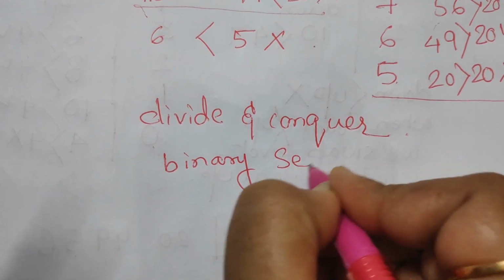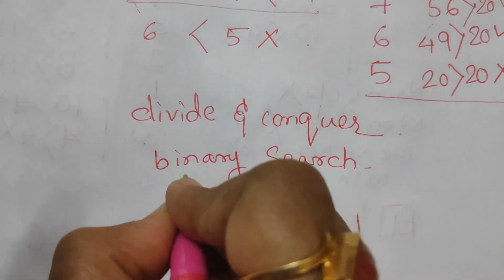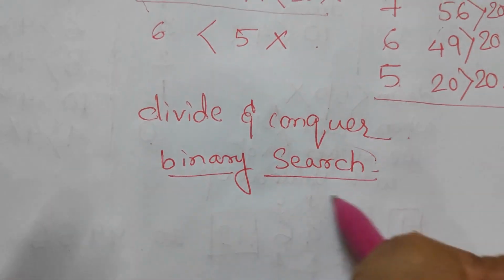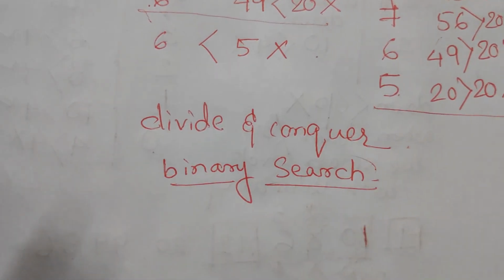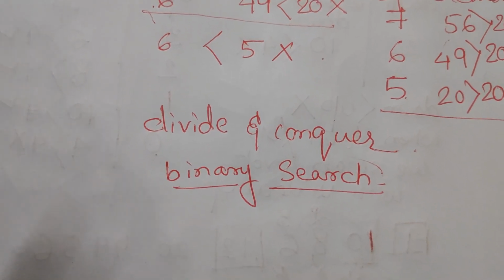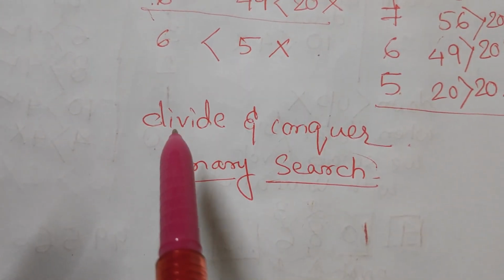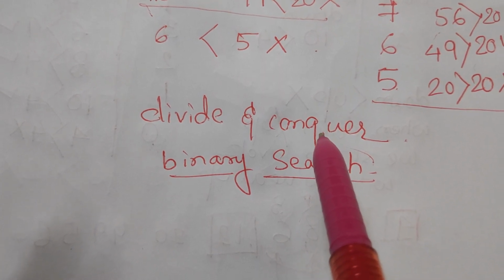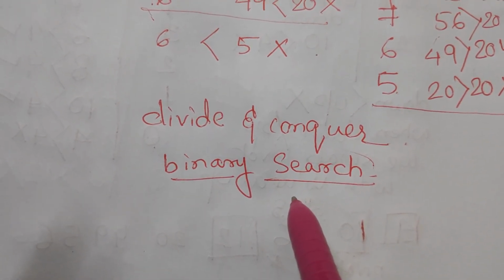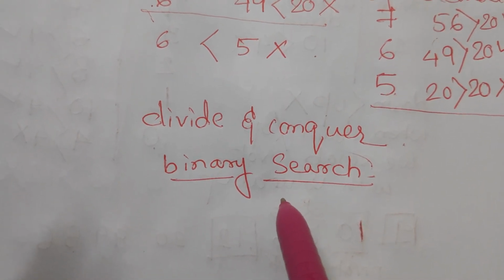You already know the algorithm binary search to search an element in the array. Binary search also uses divide and conquer rule for searching an element. So quick sort uses divide and conquer for sorting method, and binary search uses divide and conquer for searching method, right?